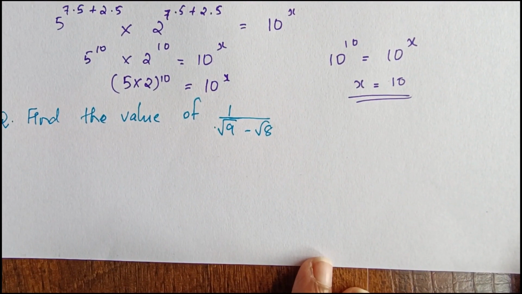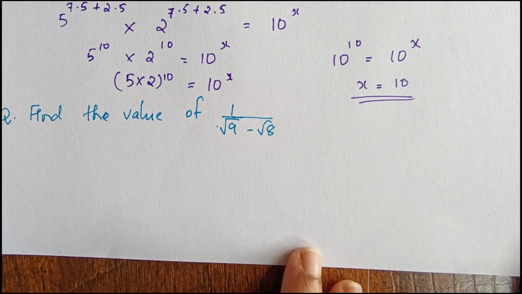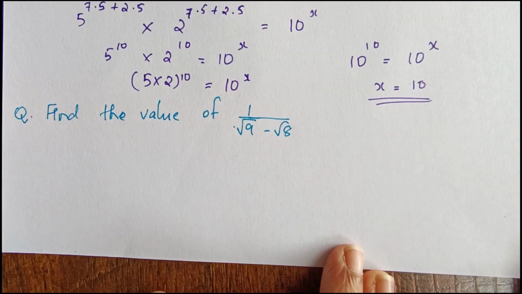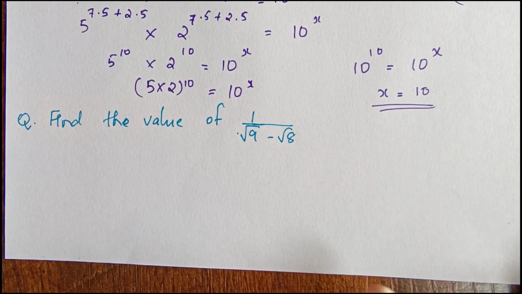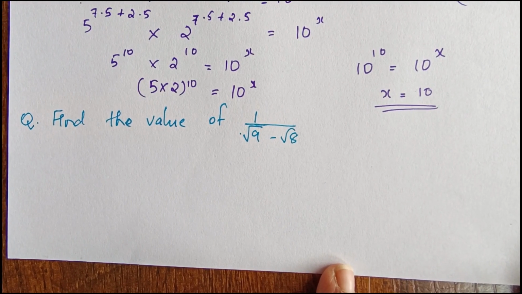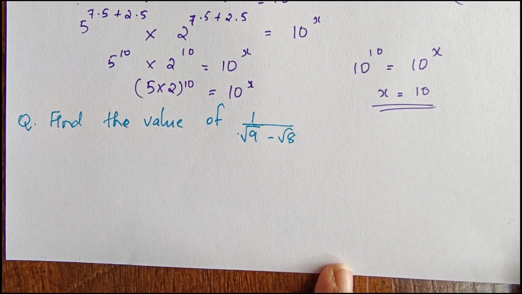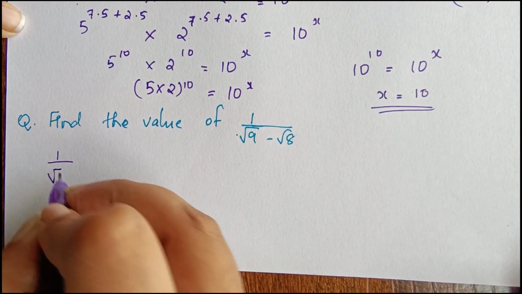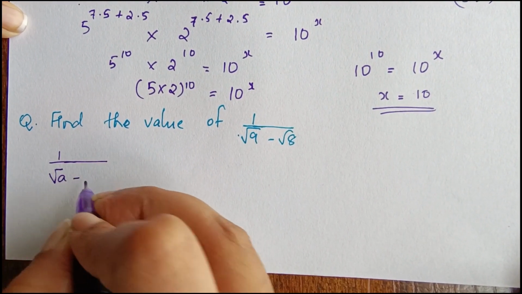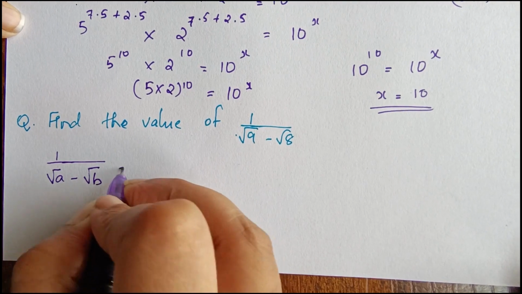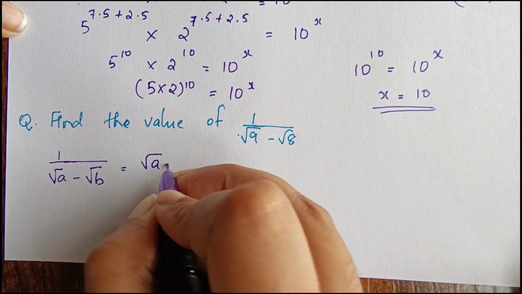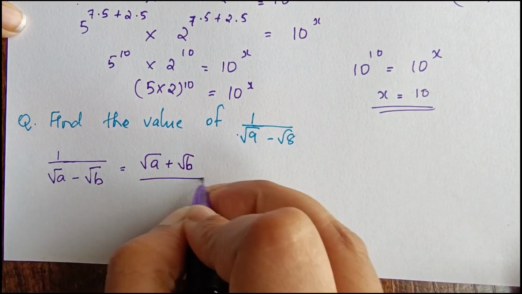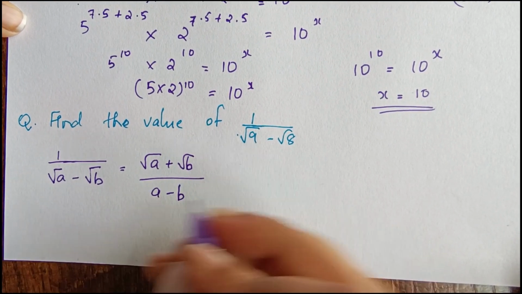Next question, find the value of 1 by root of 9 minus root of 8. For such questions, we already know the formula that 1 by root of a minus root of b is equal to root of a plus root of b divided by a minus b.